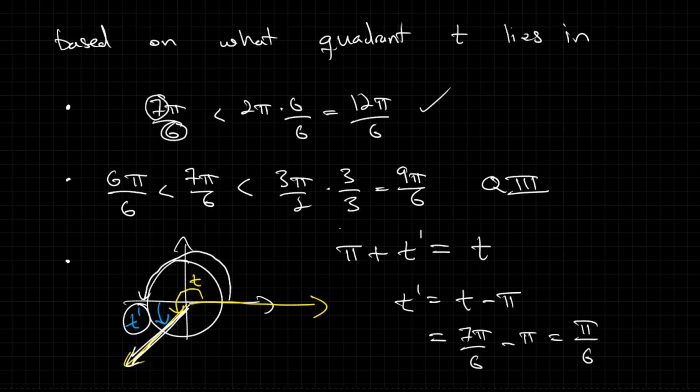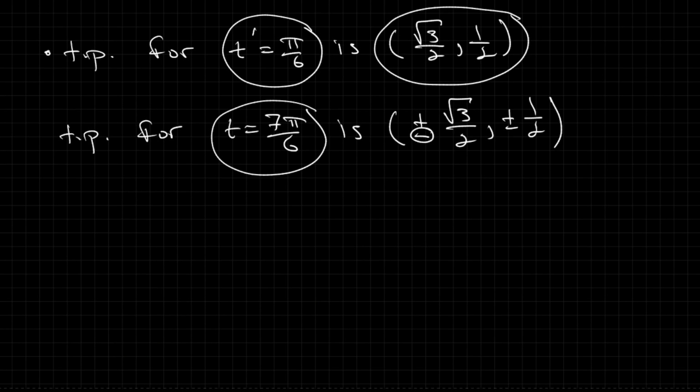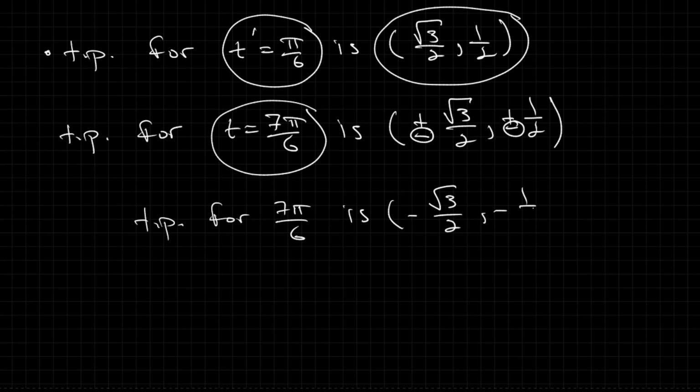If you think about visualizing quadrant 3, both the x and the y coordinates in quadrant 3 are negative, and so I'll choose negative, negative. And thus the terminal point for 7 pi over 6 is negative root 3 over 2, comma, negative 1/2.